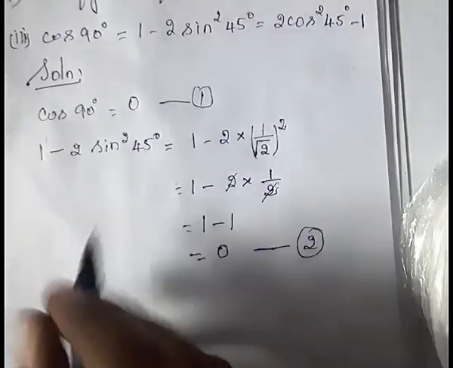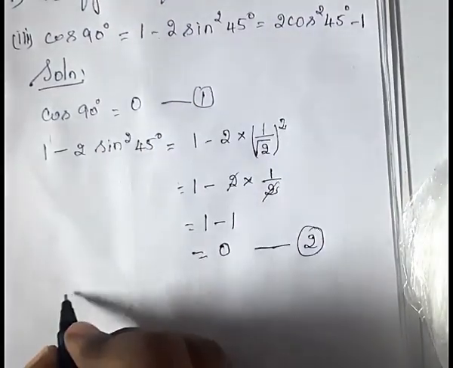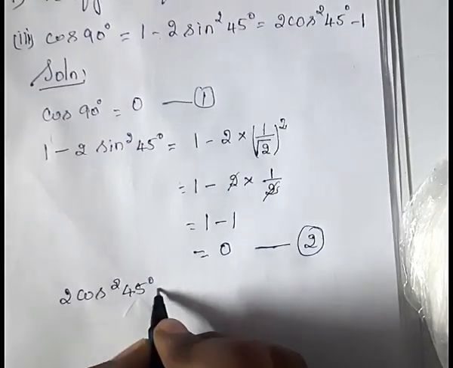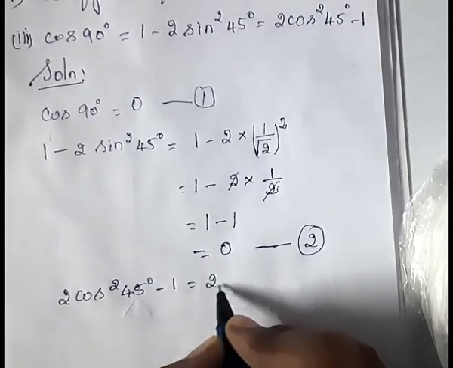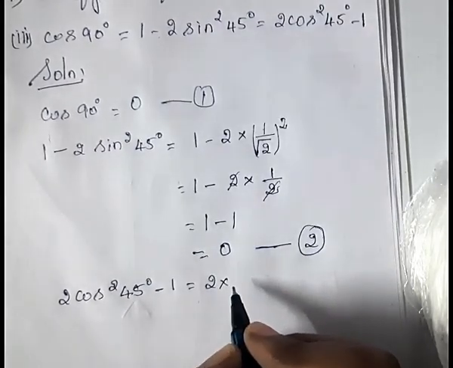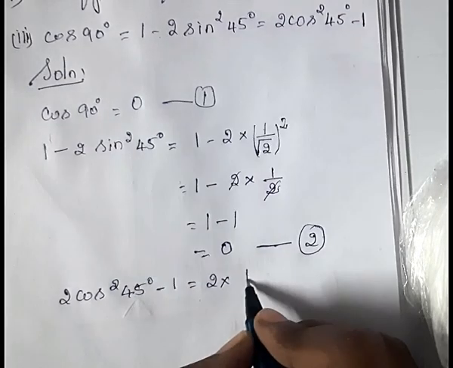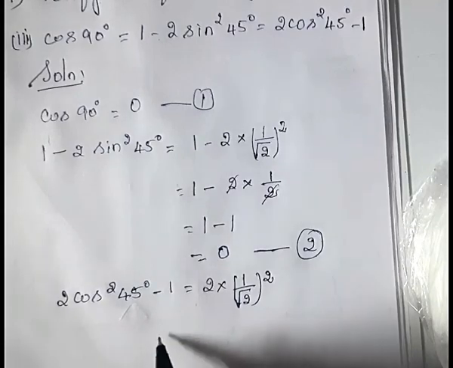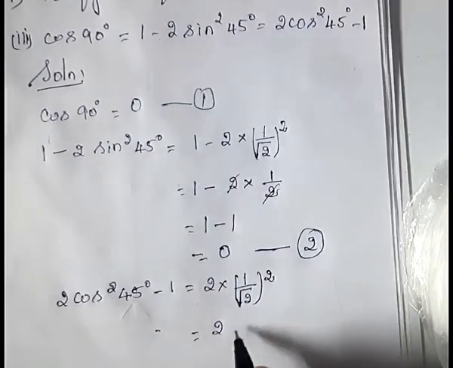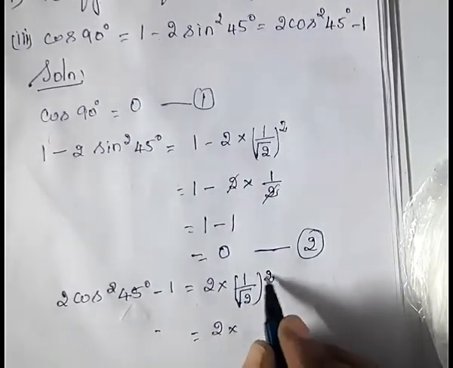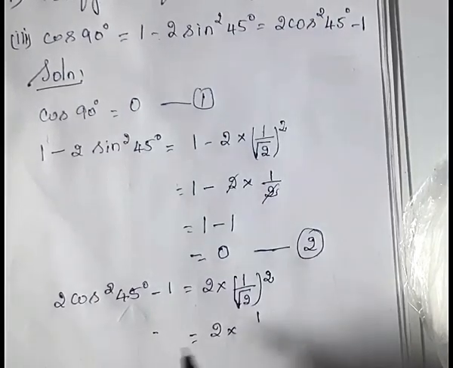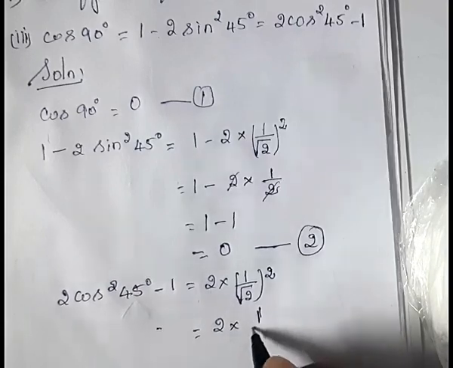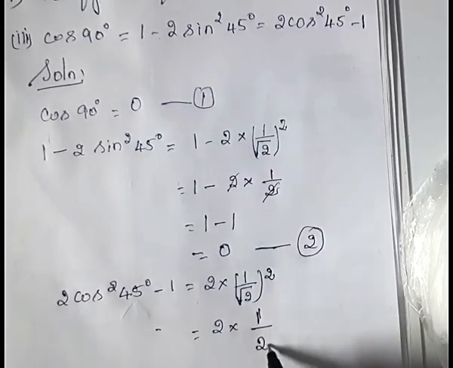Third one, this part. 2 cos square 45 degree minus 1 equal to 2 into cos 45 degree is 1 by root 2, then square. That is equal to 2 into, square root and square will be cancelled, 1 by 2.